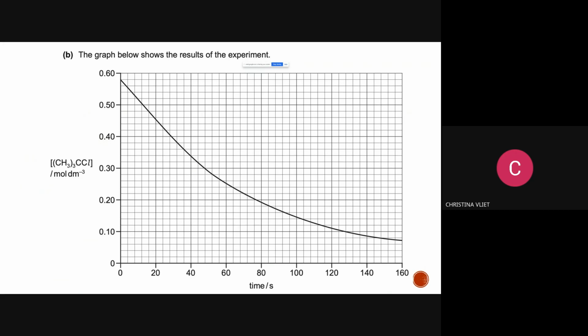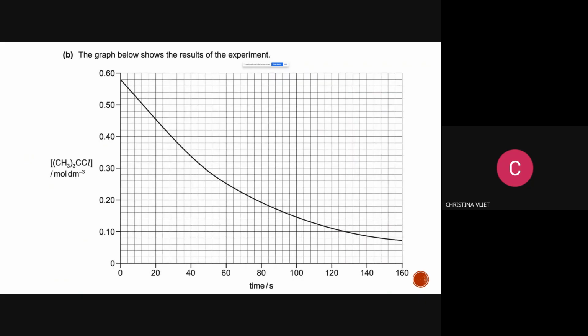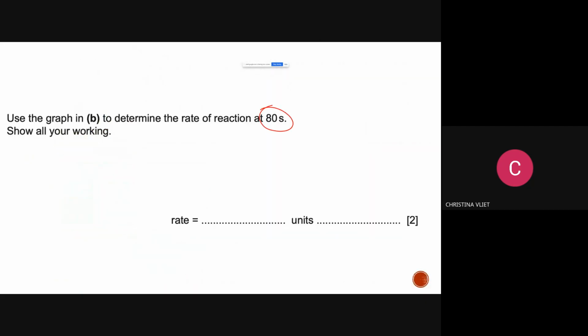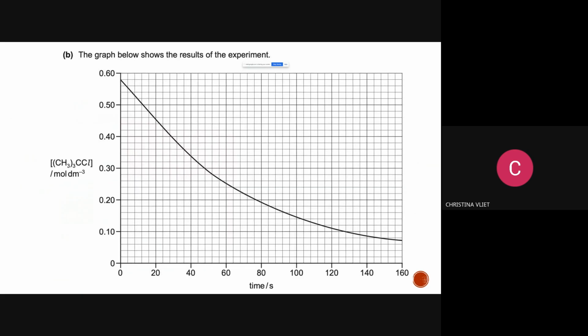They give you an experiment and they give you experimental data. And then they ask you the following question, and this may actually be a repeat question from AS Chem because I have very few to pull from. Use the graph to determine the rate of reaction at specifically 80 seconds. Show all your working. If you remember how we could use a graph to find a rate at a specific period of time.